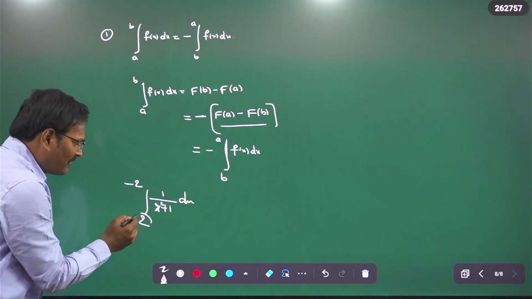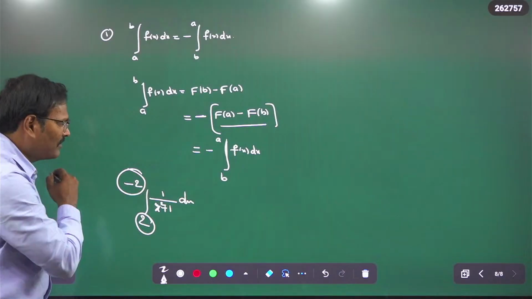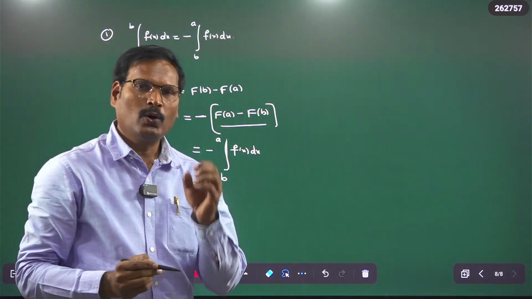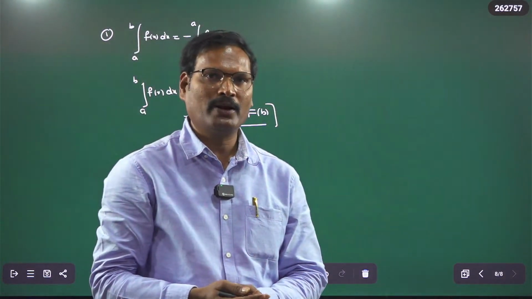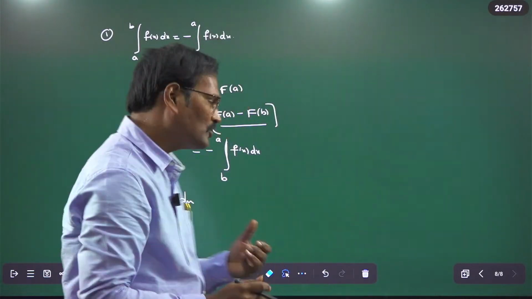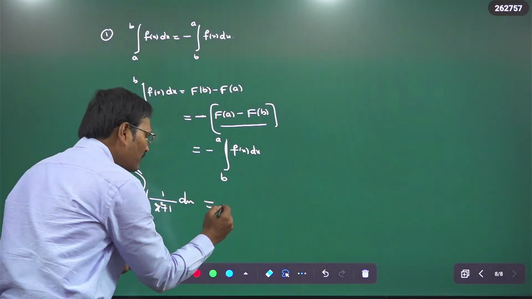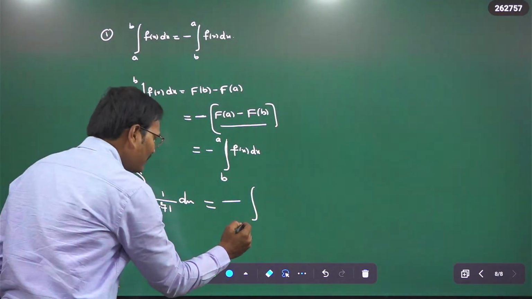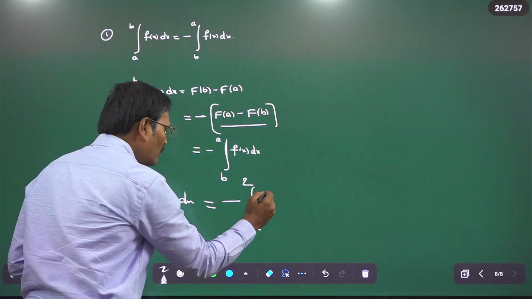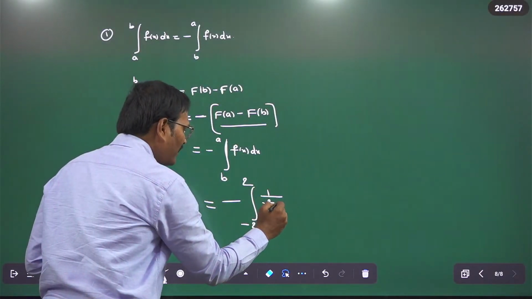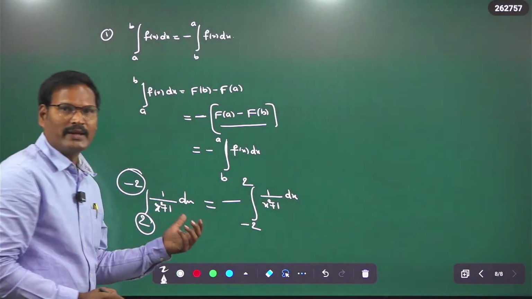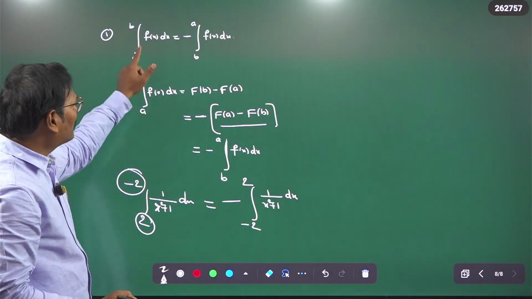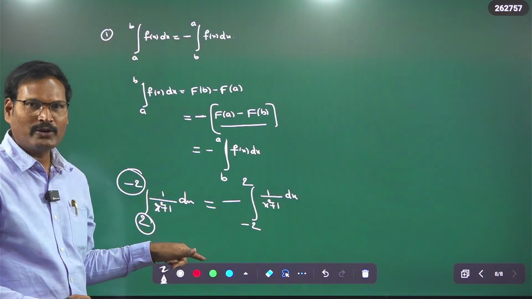Here the lower limit is 2 and the upper limit is minus 2, so the lower limit is greater than the upper limit. So we have to change it. To change it, we keep the negative sign and interchange the limits: minus integral minus 2 to 2 of 1 by x square plus 1 dx. Like this we can use this property. Is it clear to everyone?